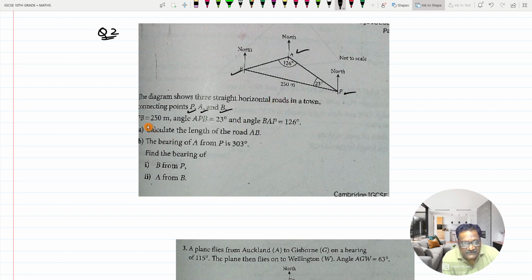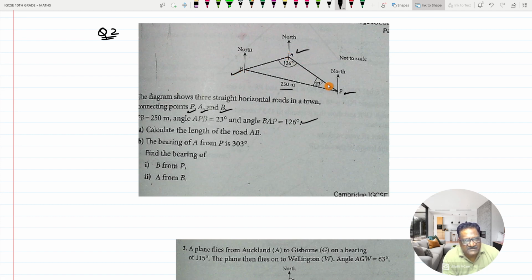Then he further says that PB is equal to 250 meters. So this road PB has a length of 250 meters. That is given to you. And angle APB is 23 degree, and angle BAP is given to you as 126 degree. BAP is this angle.